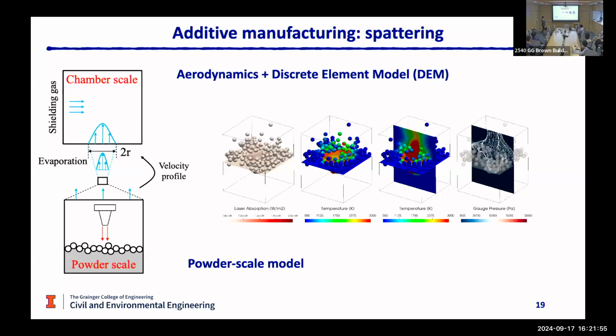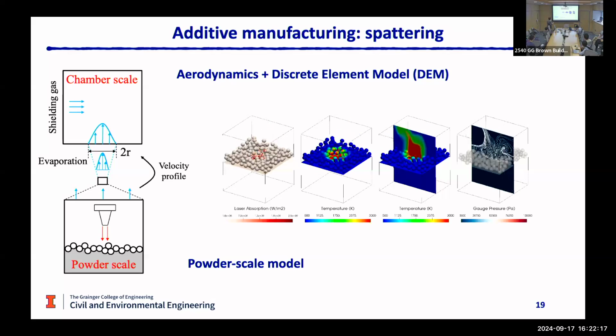So what we do here is a very engineered approach. We first developed a powder scale model to simulate the powder spatter ejection initiation. We couple the mixed formulation with the DEM model to simulate the powder ejection speed and the ejection angle. After that, let me replay the video.